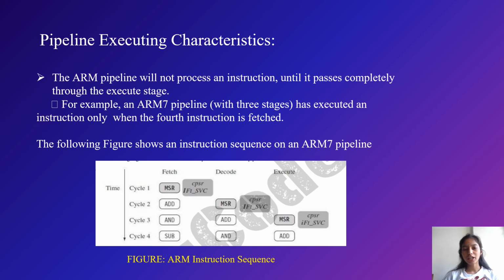The following figure shows the instruction sequence on the ARM7 pipeline. Here you can see the ARM7 instruction sequence figure. There are 4 cycles to be done in this instruction sequence.